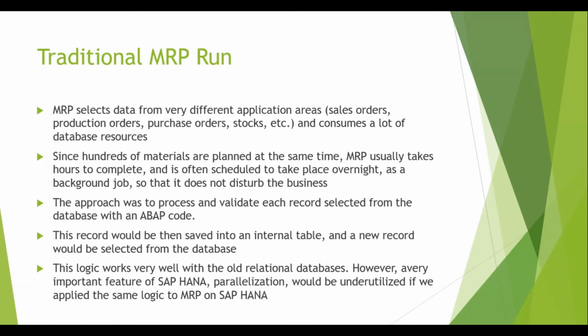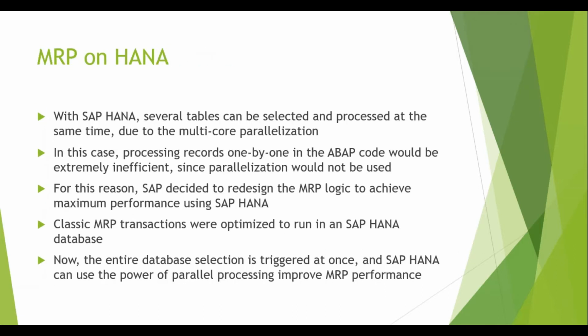Wherever you are doing activities one by one, you can use this concept of parallelization, which means multiple records can be selected at once and the calculations can be performed in a much faster manner. So after HANA, if you continue the same thing, then we are not properly utilizing the power of HANA. That is the reason SAP has come up with the second phase called MRP on HANA.